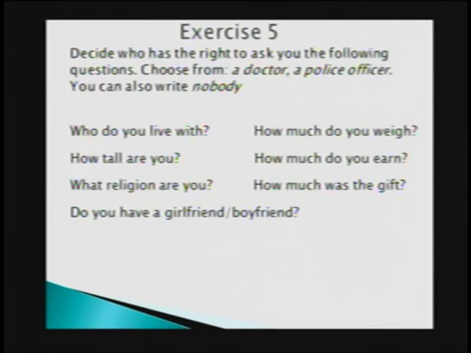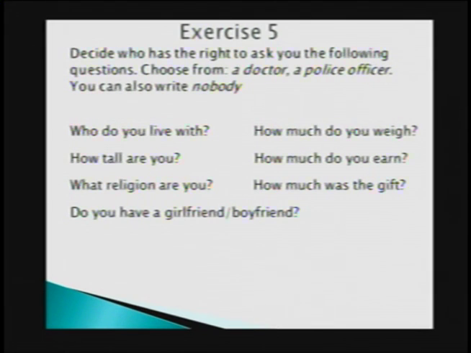Who do you live with? A police officer? Yes. Remember, police officers have the right to get specific information. Number 2, how tall are you? And I know that it's very common. You know that it is very common to ask this question when you go to the doctors. How tall are you?